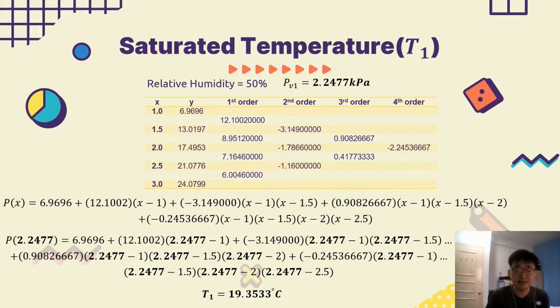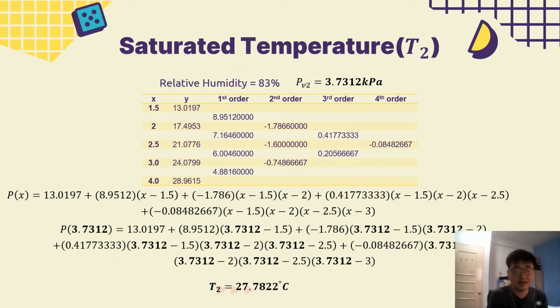Next, the temperature we need to calculate is when PV is equal to 2.2477, right? So we substitute 2.2477 into the Newton interpolating divided difference polynomial formula. At the end, we get T1 is equal to 19.3533 degrees Celsius when the relative humidity is 50%.